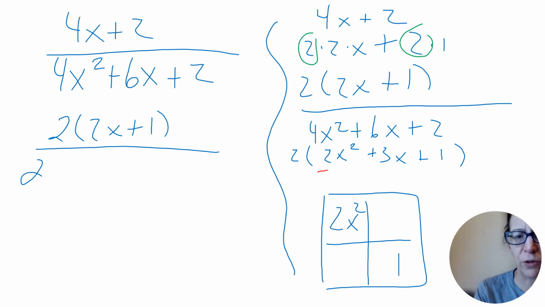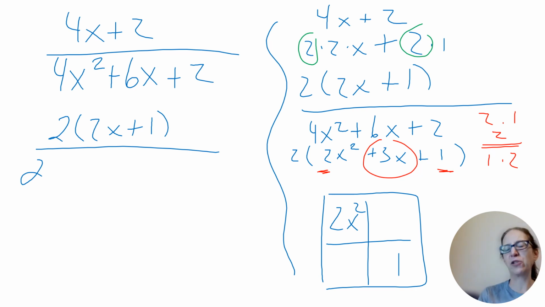Because we will do 2 times 1, which gives us a 2, and we want two factors of 2 that add up to 3. Oh, look, 1 times 2 is 2, and 1 plus 2 is 3, meaning we have a 1x and a 2x. And we're going to do GCF factoring.